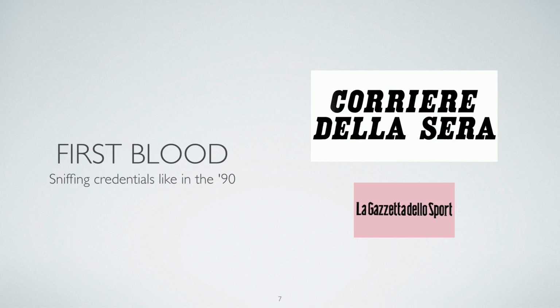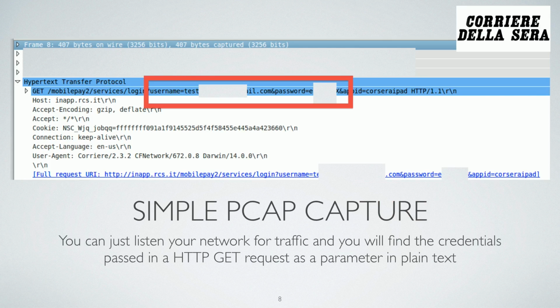Here is a vulnerability that I found in Corriere della Sera and Gazzetta dello Sport for iOS, and it's a very trivial one because you can see the password and the username in plain text in the network traffic in a GET request.